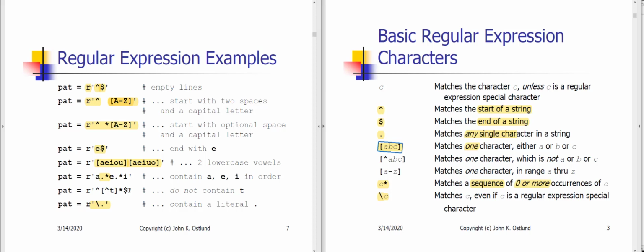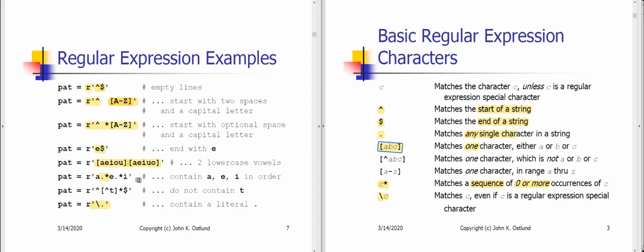Okay, so dot star matches either 0 characters or 1 character, which might be anything, or 2 characters, or 3 characters, or 5 or 90 or 5 million, all right? So dot star in regular expressions is how you indicate that you want to match some arbitrary amount of stuff, including no stuff at all.